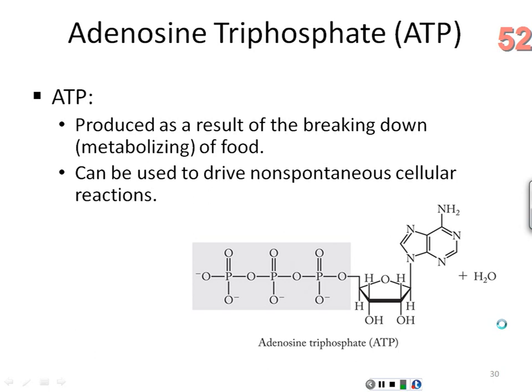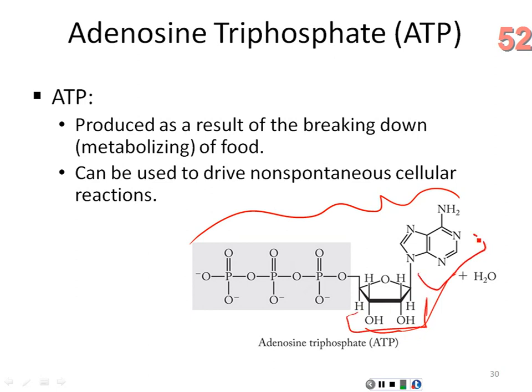Here's the structure of ATP. You have the adenosine group out here, which is basically a sugar attached to an adenine, which is one of the 4 DNA bases. But the important part of the molecule is the triphosphate, the 3 phosphate groups it has.